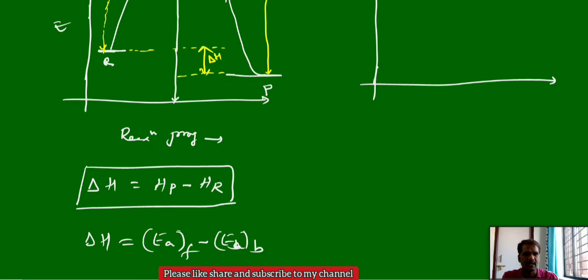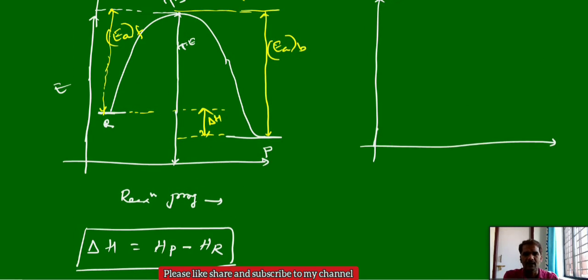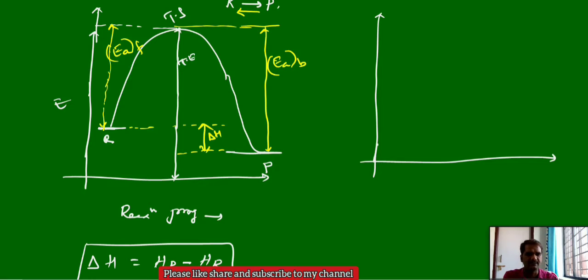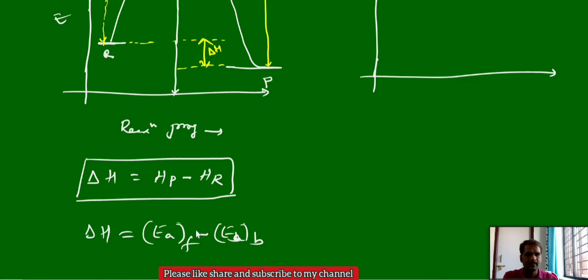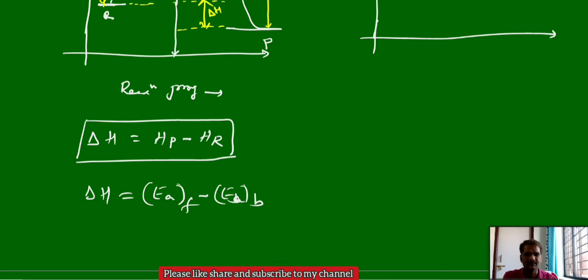So in this particular diagram you can see clearly forward reaction activation energy is very less compared to activation energy for backward reaction, and if you substitute those values here, forward is less and backward is more, so the resultant value will be negative.